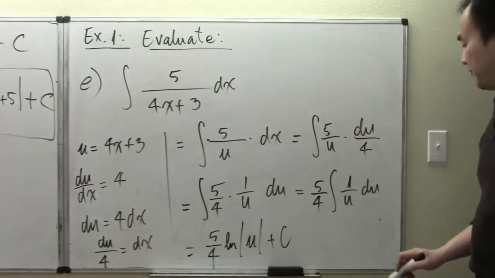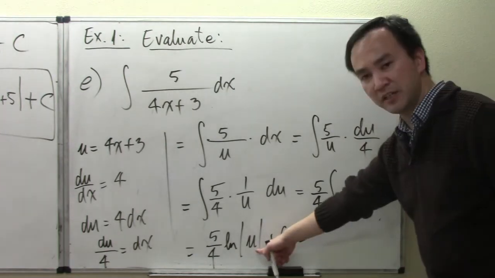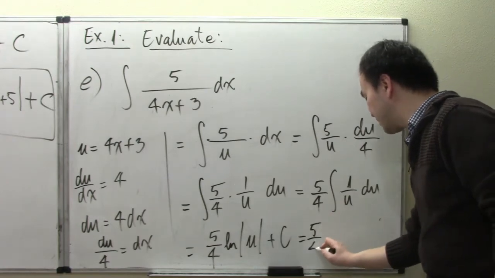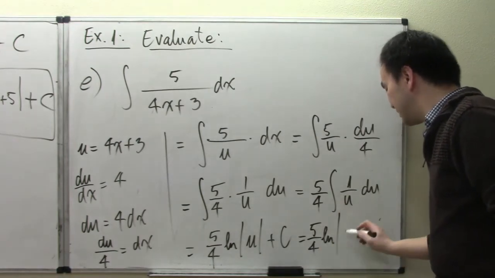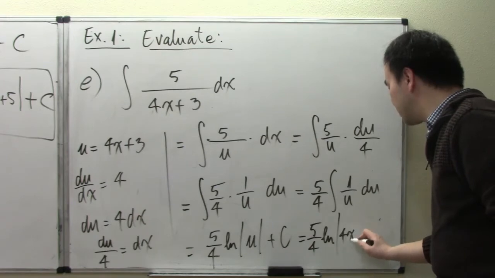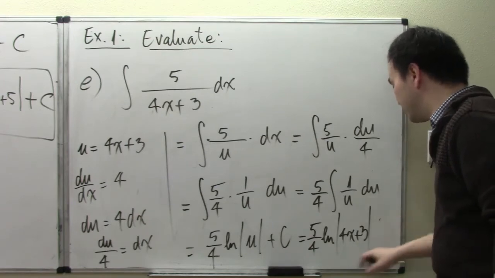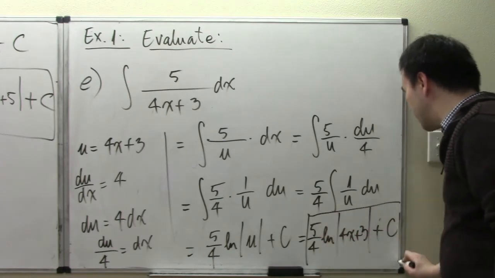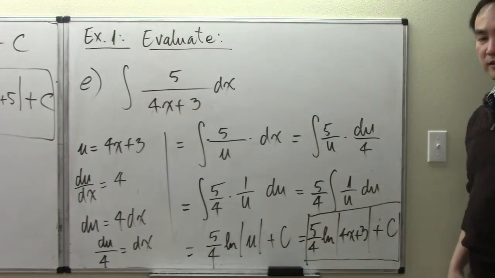And then the final answer cannot be in terms of u. So we have to bring the old variable back. So 5/4 natural log of 4x plus 3 in absolute value plus c. But this is, ladies and gentlemen, our final answer for that.